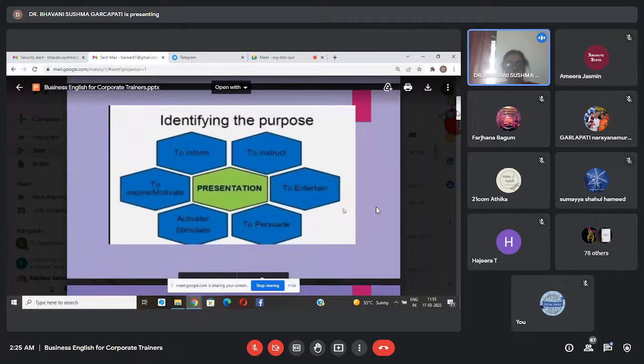Next one is identifying the purpose. In presentation, as I said, for corporate training, interviews, anything, after completing your UG, you can write the CAT exam. UG or MBA also, you can write the CAT exam. For what purpose? This is to enter an IIM, Indian Institute of Management.